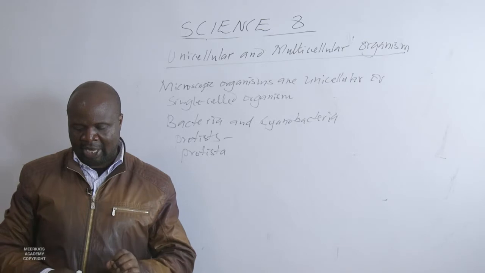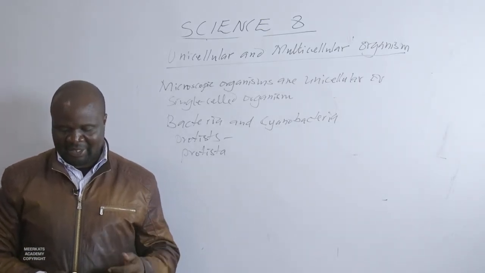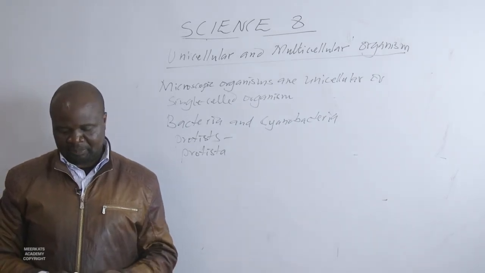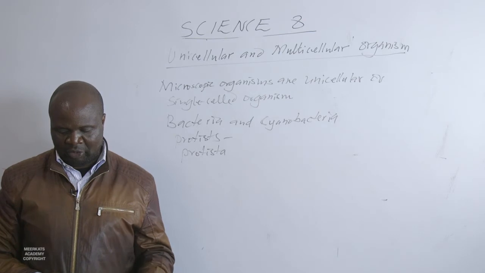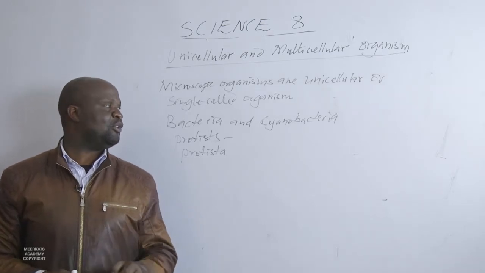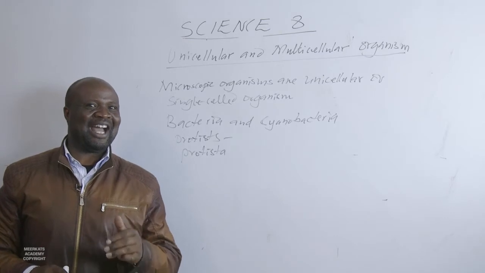Many unicellular organisms are plant-like, in that they have a cell wall and make their own food. They are not plants, but they are plant-like.